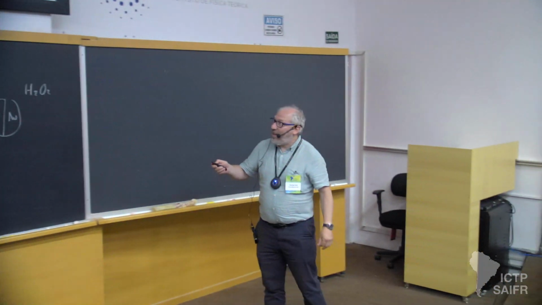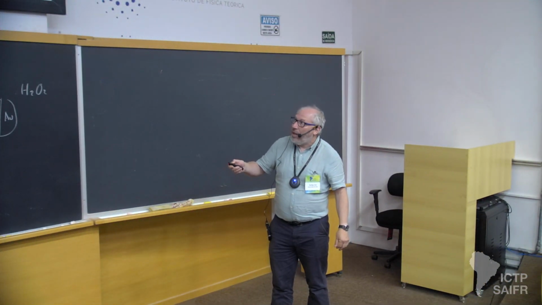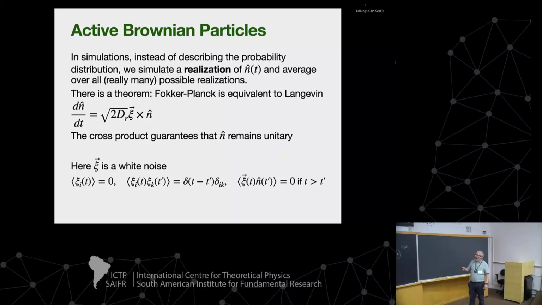So we put a Dirac delta, and we say also that the different coordinates are uncorrelated. And the third assumption of the noise is that the noise is always fresh, in the sense that the noise at some instant is independent of in which direction the particle was moving before.